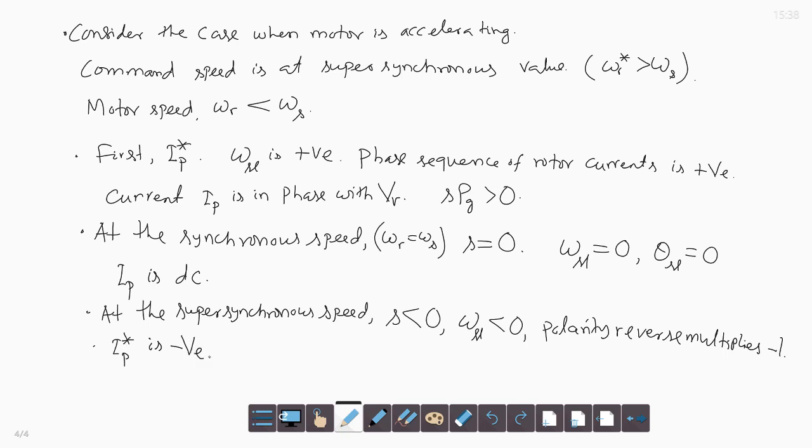Because IP star is negative, IP has reverse polarity with respect to VR. Slip power SPG is less than 0, indicating power flow into the rotor, and the phase sequence of the rotor current is opposite to that for the subsynchronous motoring. Because power is fed into the rotor, supersynchronous motoring is obtained.